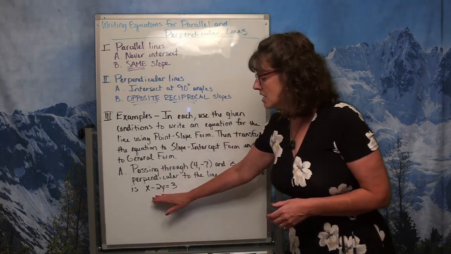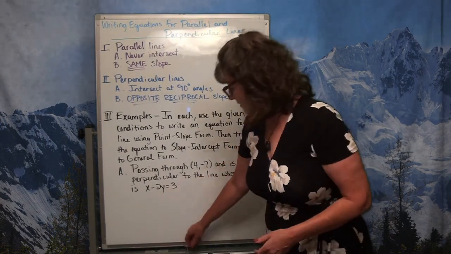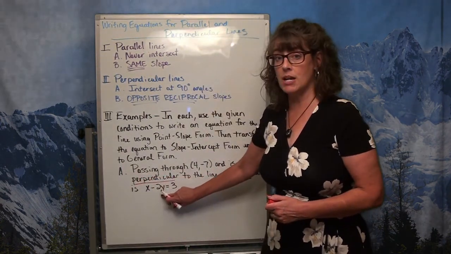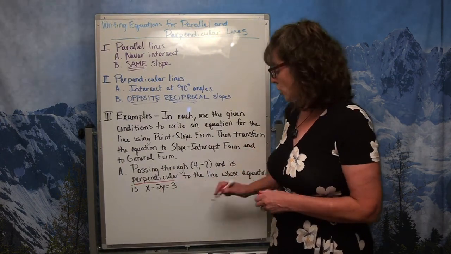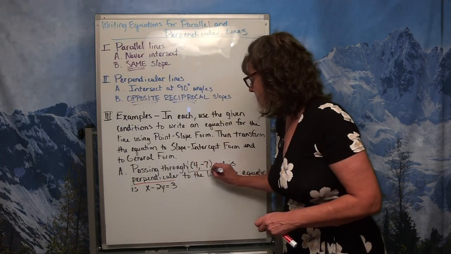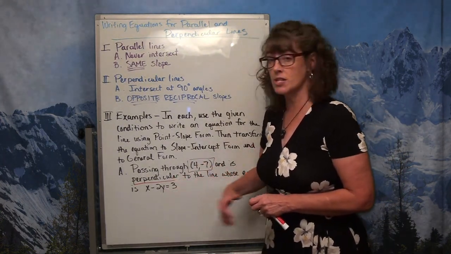So we have this initial line here, and we're creating a second line that is going to be perpendicular to this line and go through this point.